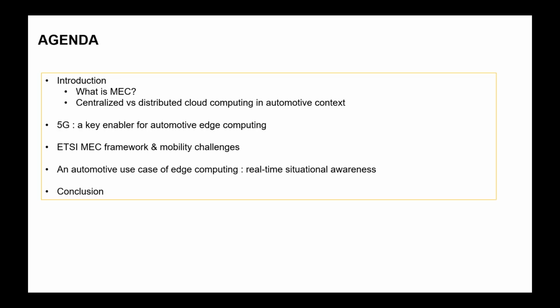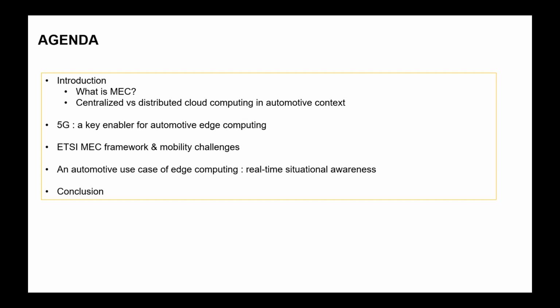First I will give you a very short introduction about what mobile edge computing means. I will briefly show the difference for an offboard application between a centralized or a distributed edge computing architecture. Then we will dig into detail about 5G and how it will enable automotive edge computing.